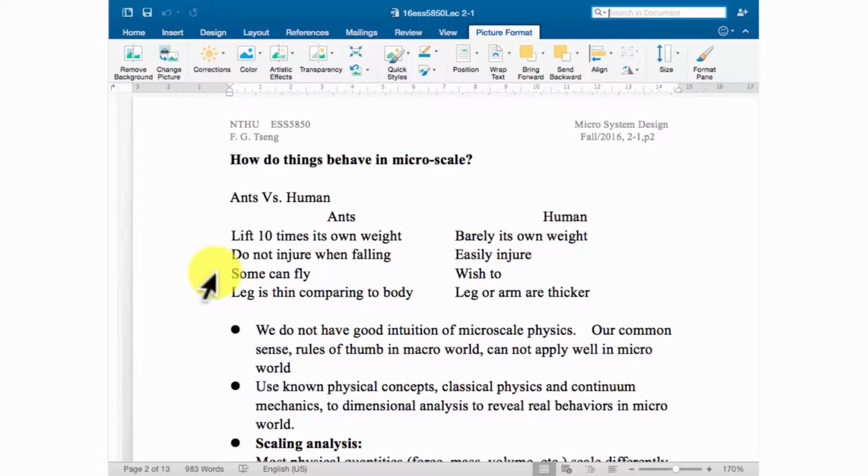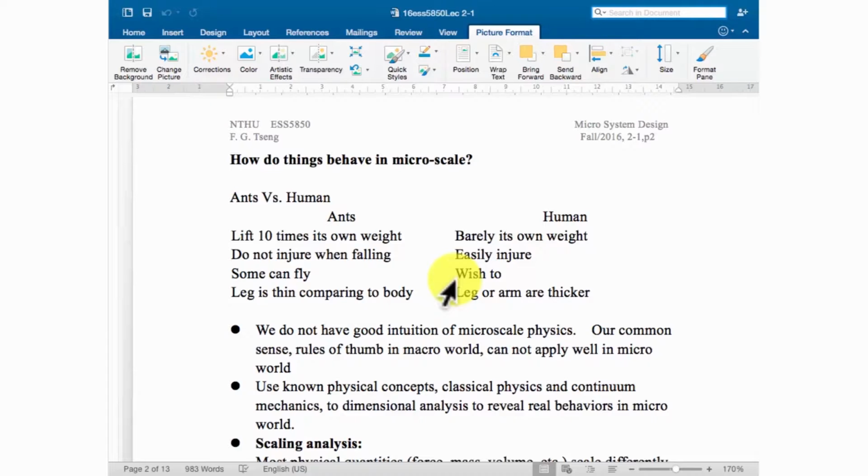The third thing is that some ants can fly, especially during the mating season. Usually the male ants can fly to find the female ants and do the mating. So they can easily fly, but humans wish to, and it's very difficult for humans to fly.